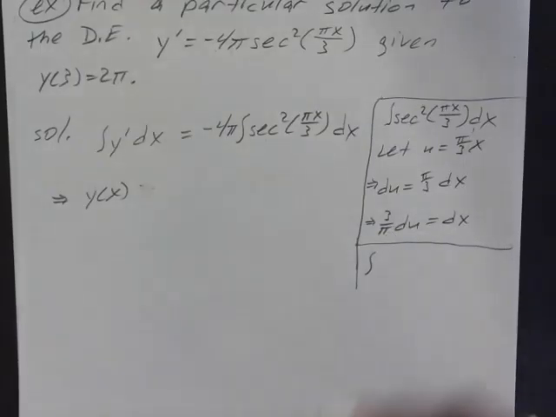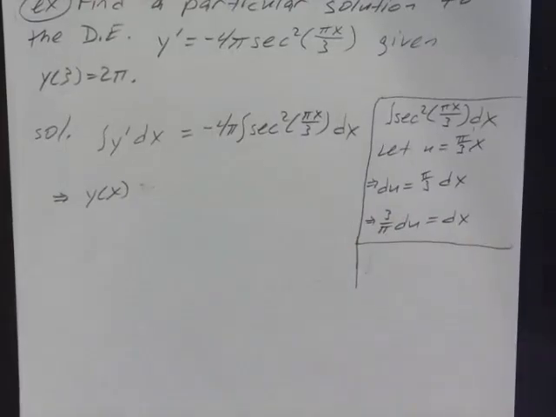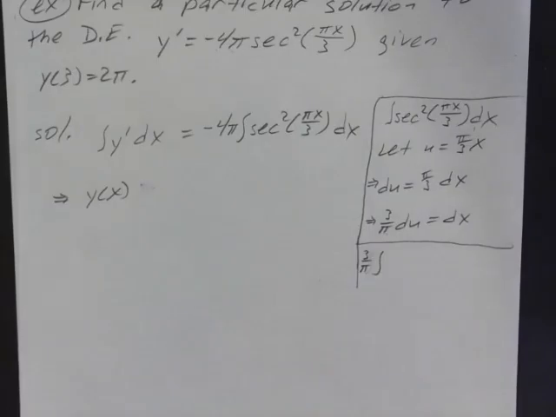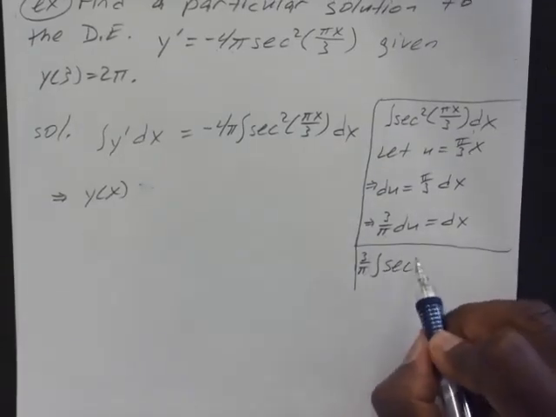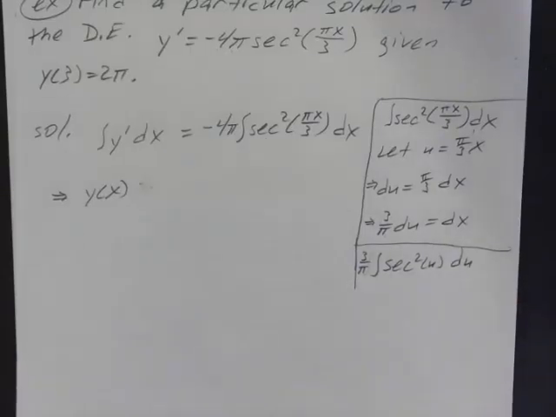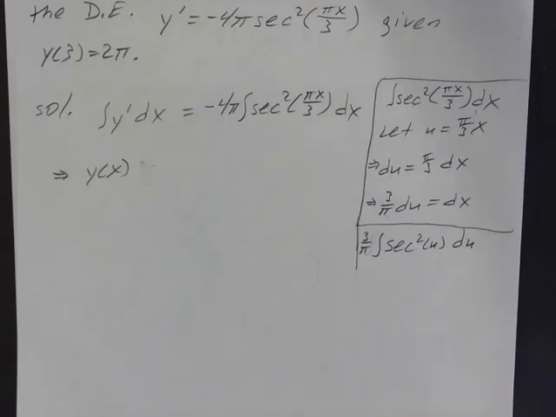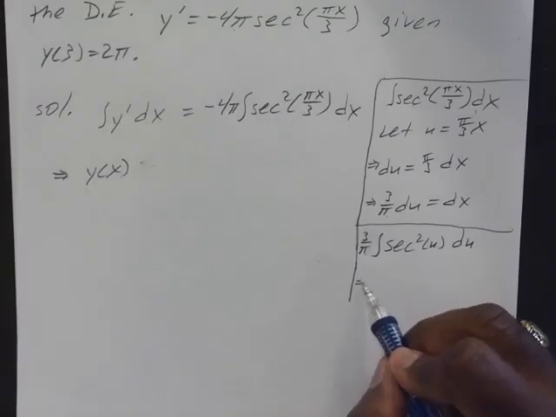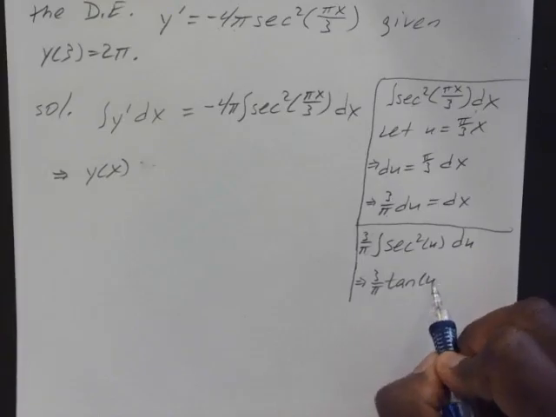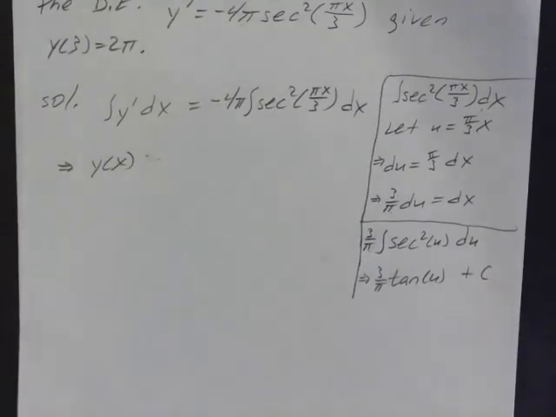We can factor out that 3 over pi. So we have 3 over pi times the integral of secant squared of u du. We know the integral of secant squared is tangent, so that just becomes 3 over pi times tangent of u, and we add plus c.